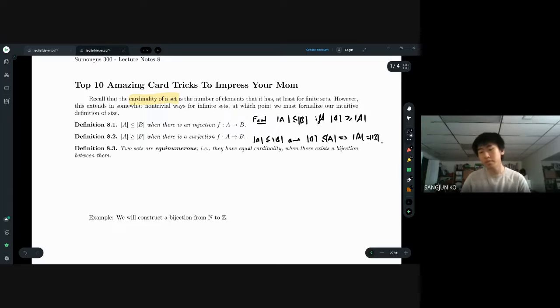Intuitively these should make sense; these behave like inequalities should, but we will get to this in the next lecture.